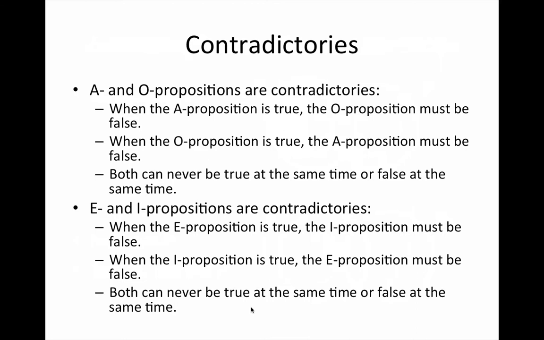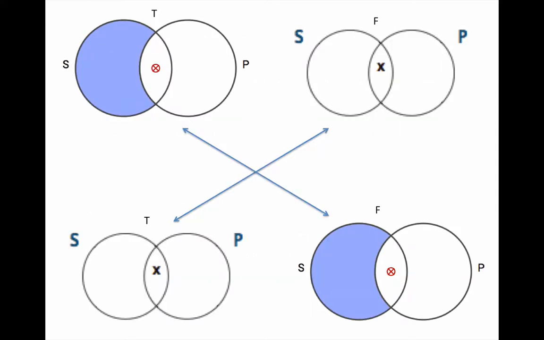First, though, let's look at the square of opposition that reveals the immediate inferences, that is, the contradictories, the immediate inferences from A to O and vice versa, and E to I and vice versa, by way of our Venn diagram. Look first in the upper left corner. That is the A proposition position.